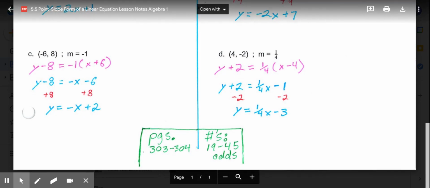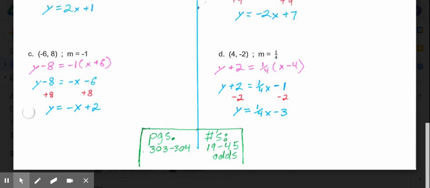And last but not least, example D. We have a point and our slope, so we're first going to write point-slope form equation. So it'd be y minus y sub 1, which is -2, so y plus 2 equals our slope 1/4, in parentheses x minus x sub 1, so x minus 4.